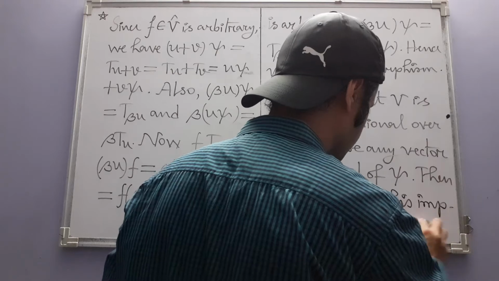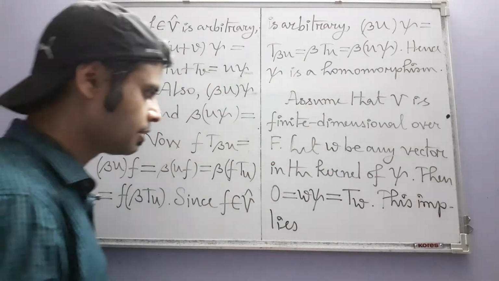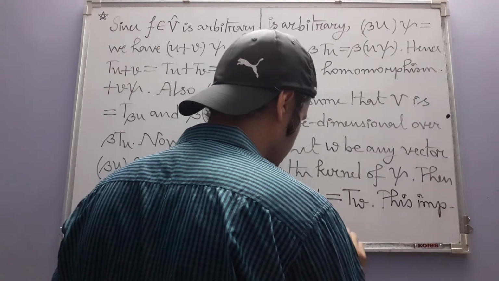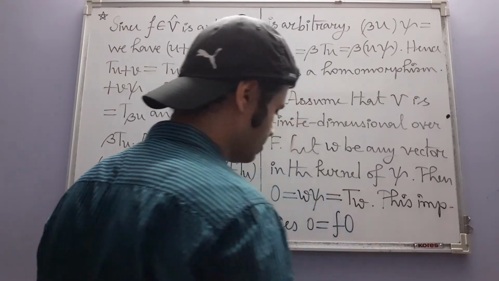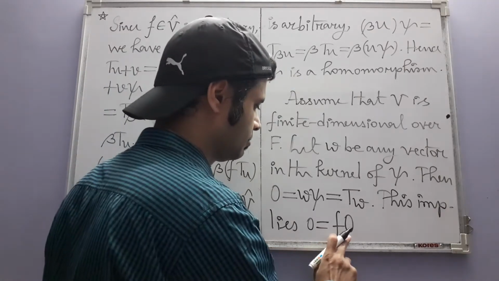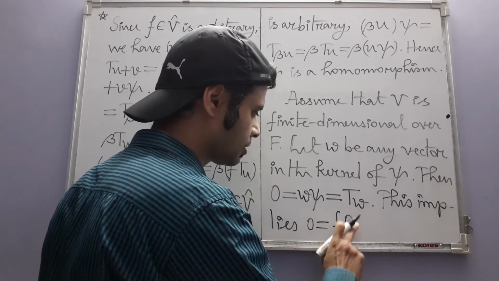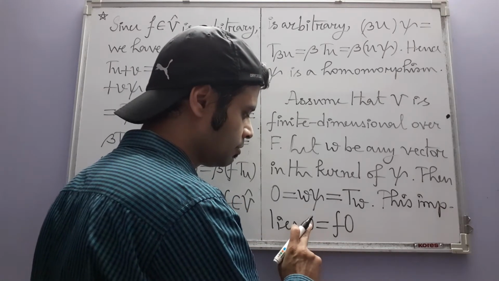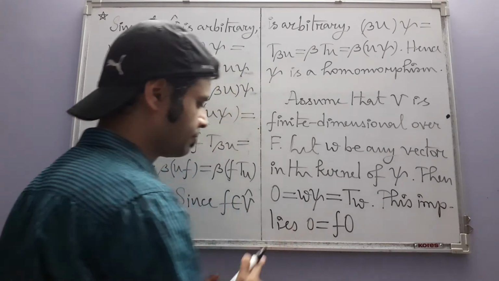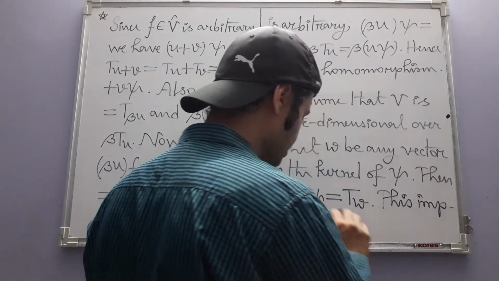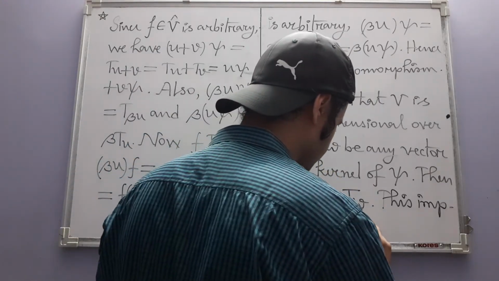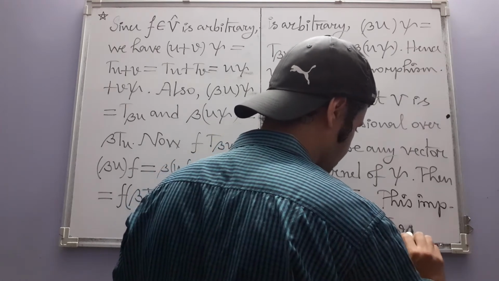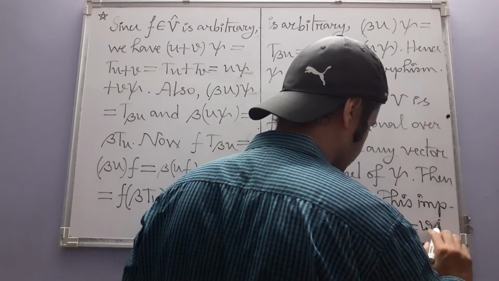That means this implies 0 equal to f of 0. I am deliberately, intentionally writing this 0 a little bigger than this one. This is the field 0, zero element of the field, and this 0 is of course that 0. F of T w, but by definition of T w this is equal to w f.